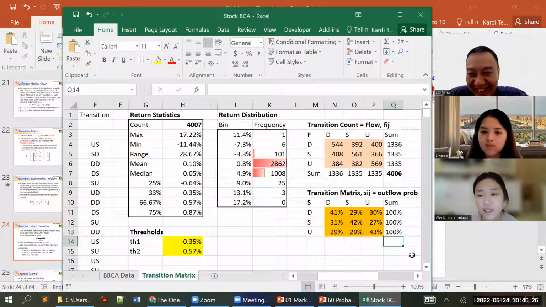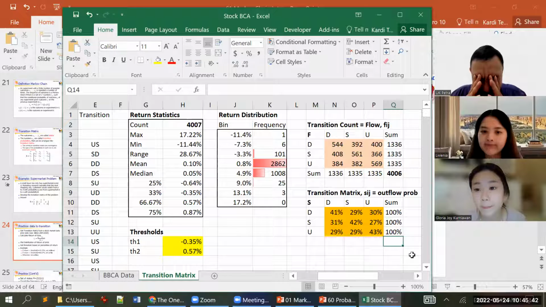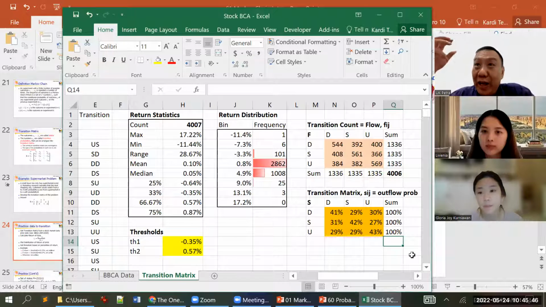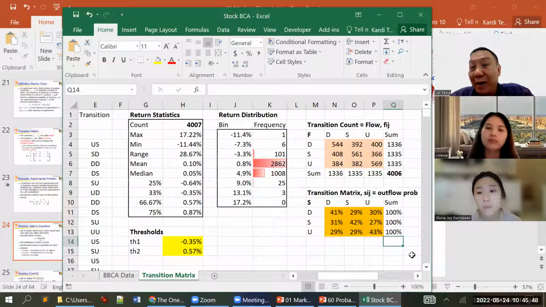Sir, I want to ask, since I'm not familiar with stocks, how would you interpret the metrics? How would it be useful for traders? You can basically think of it this way. There are many ways to model the stock market.